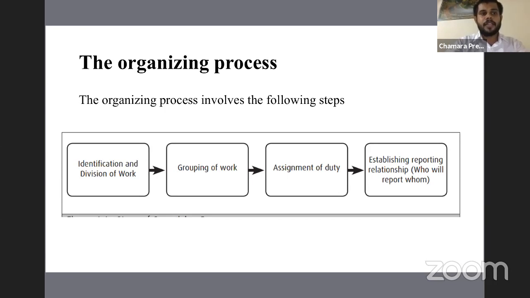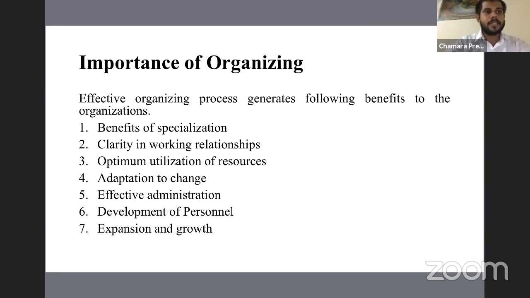We identify tasks, group them, assign duties, and finally we establish this relationship as well. So it has authority and responsibility both, right? That is the process. Once we go through all these steps, finally we have a proper structure, right? That is the purpose of going through each and every one of these steps. Okay, so that is the process of developing an organizing structure.